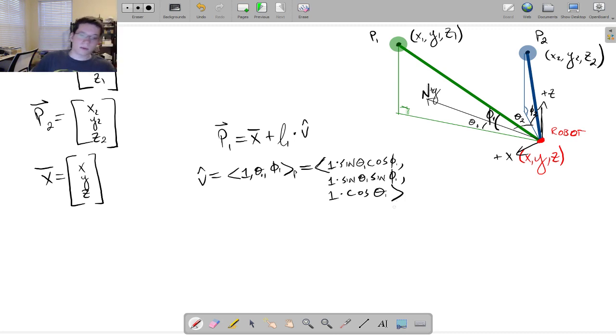So that is our converted V. So this will be V1.